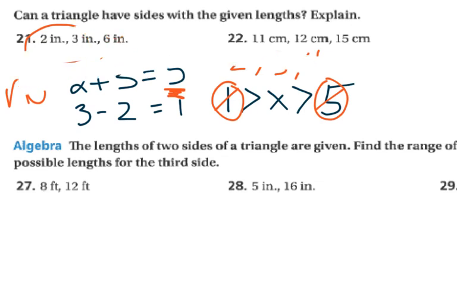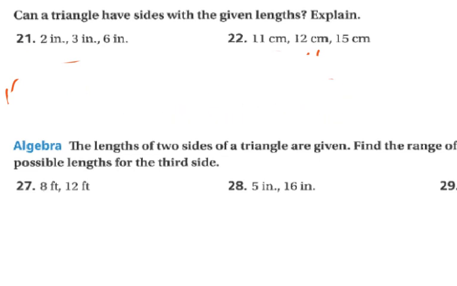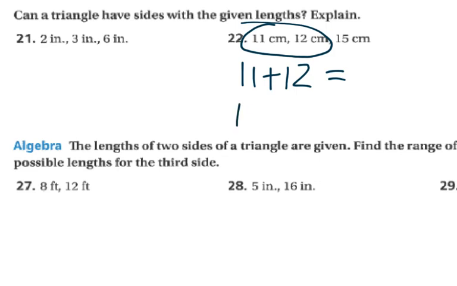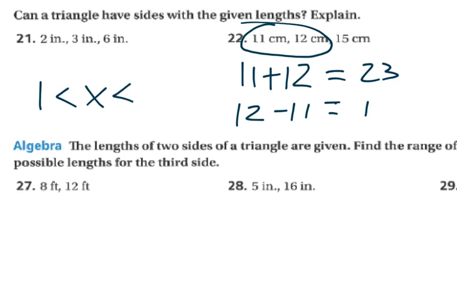So let's try the next one. The first one was a no. That triangle could not exist. So let's pick this one. Let's do 11 and 12. So we're going to add 11 plus 12, and we're going to subtract 11 and 12. So 1 again, and then we have 23. So anywhere in between, oops, I think I wrote it wrong last time. Yeah, I did. I'm sorry. I should backfix that.